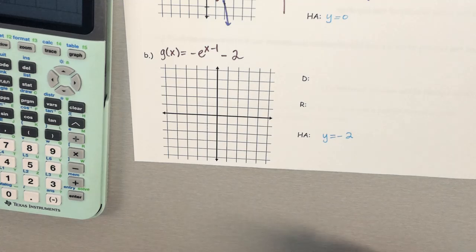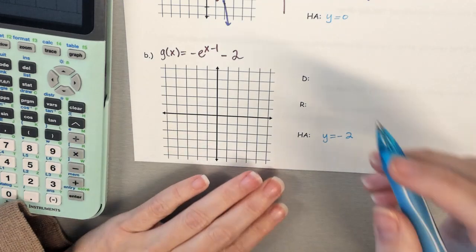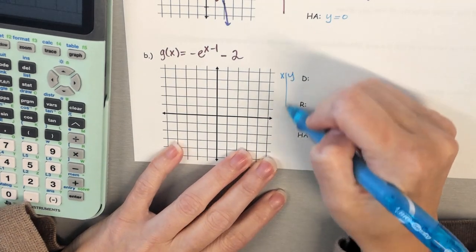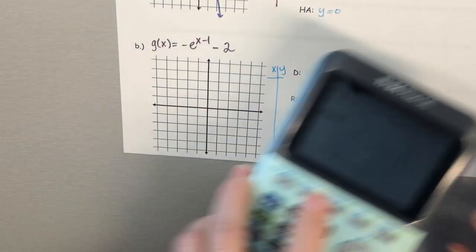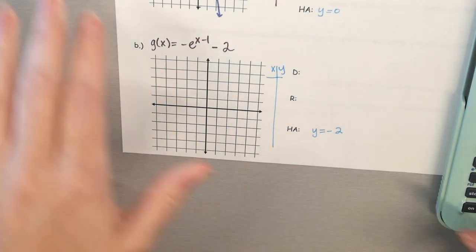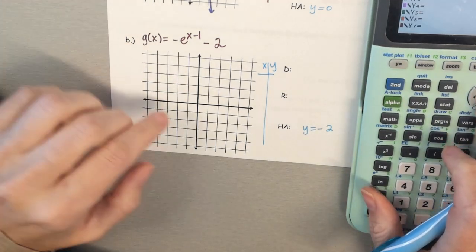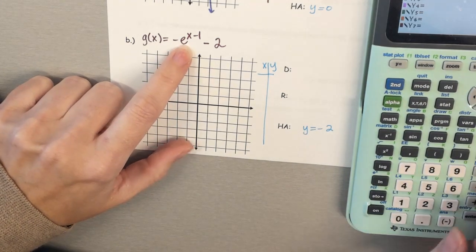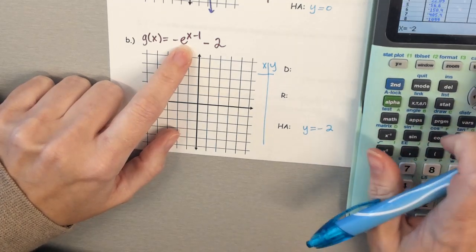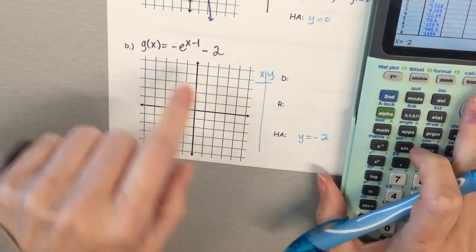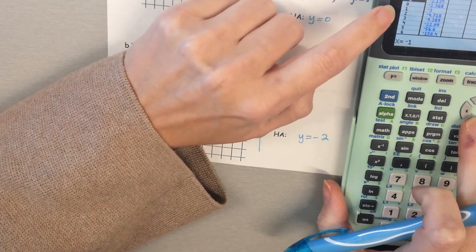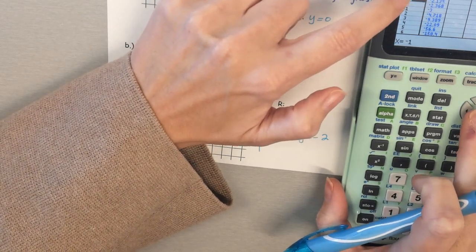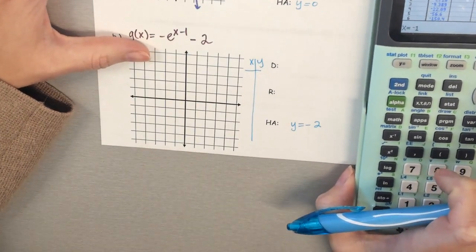All right, and then when you're making your table, again, we're just looking to see where some of those good points are. So you have negative e to the x minus 1 minus 2, and when you go to your table, if they're going to negative 2 here, having a bunch of these points isn't going to be as helpful.